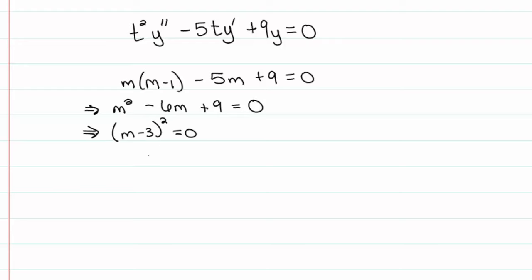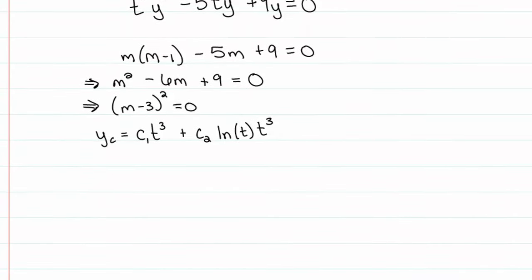That gives us repeated roots. So y sub c is equal to c1 t cubed plus c2 natural log of t times t cubed. Just double checking all my mathematics.